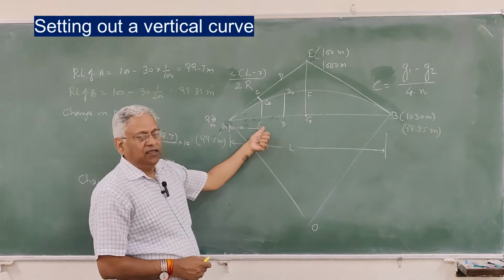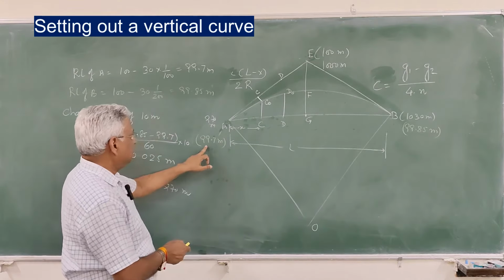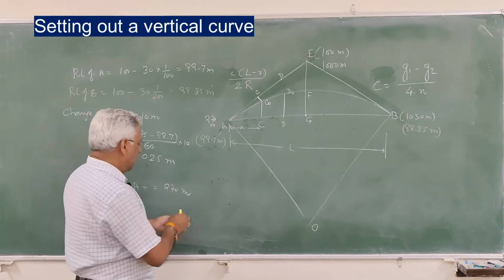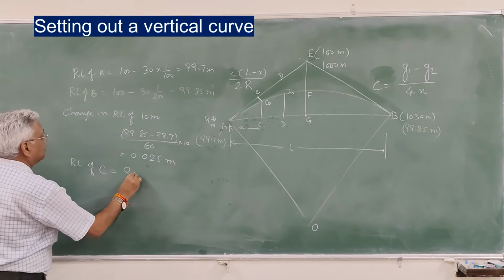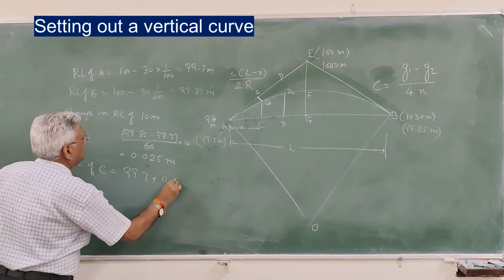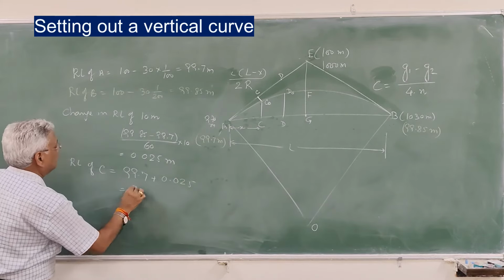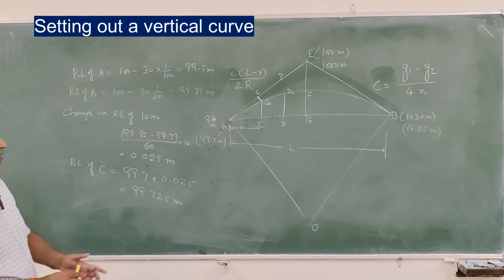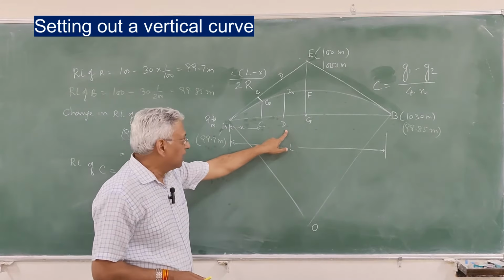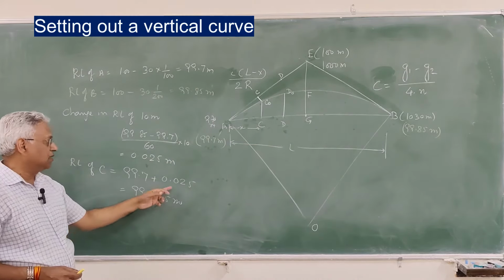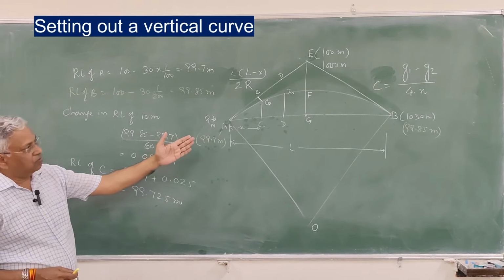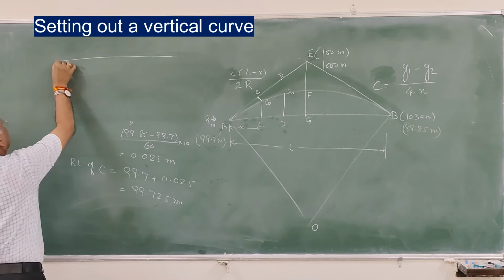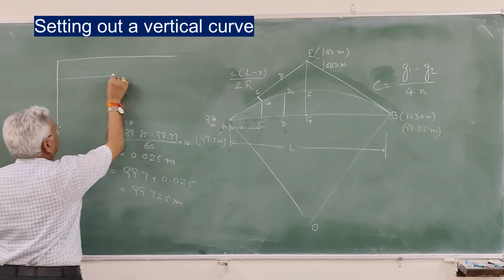So the RL of C will be 99.7 plus 0.025 meter, that is 99.725 meter. Similarly, RL of D will be RL of C plus 0.025 meter, and so on. You can make a table here like this.